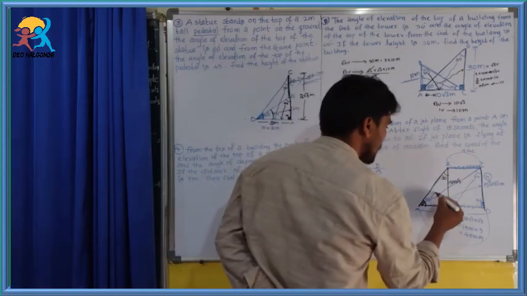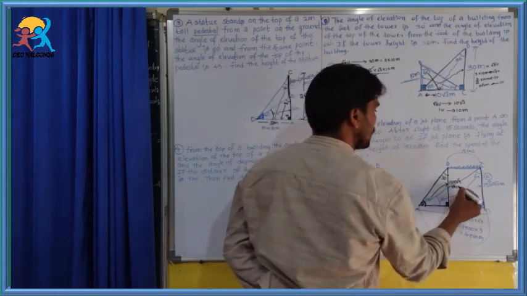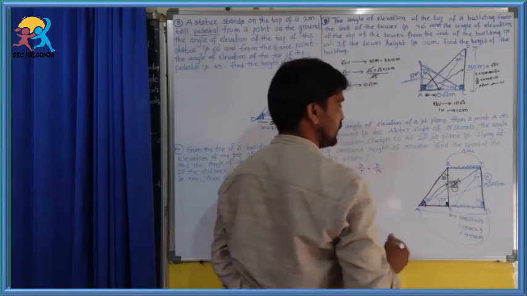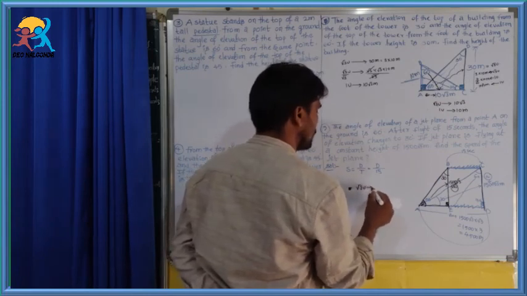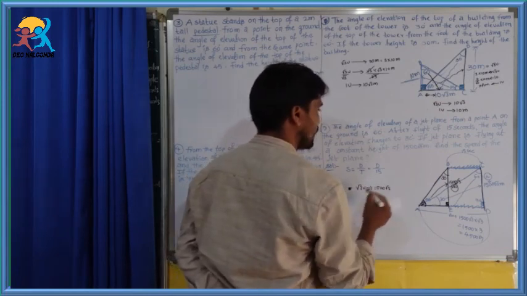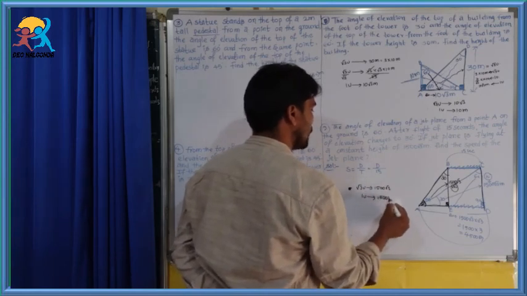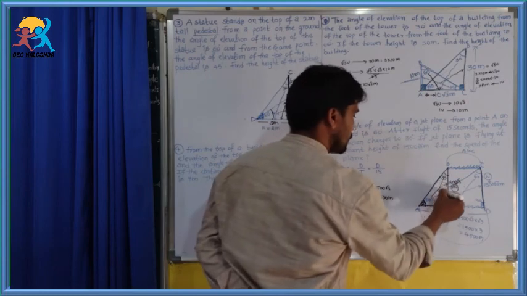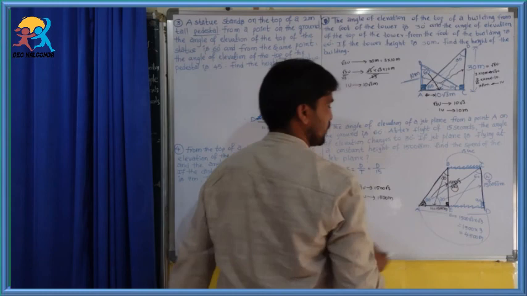Opposite 60 degrees is 1500 root 3, this is root 3 units value. Then 1 unit value, root 3 gets cancelled, is 1500 meters. So opposite 30 degrees is 1 unit, and 1 unit value is 1500 meters.